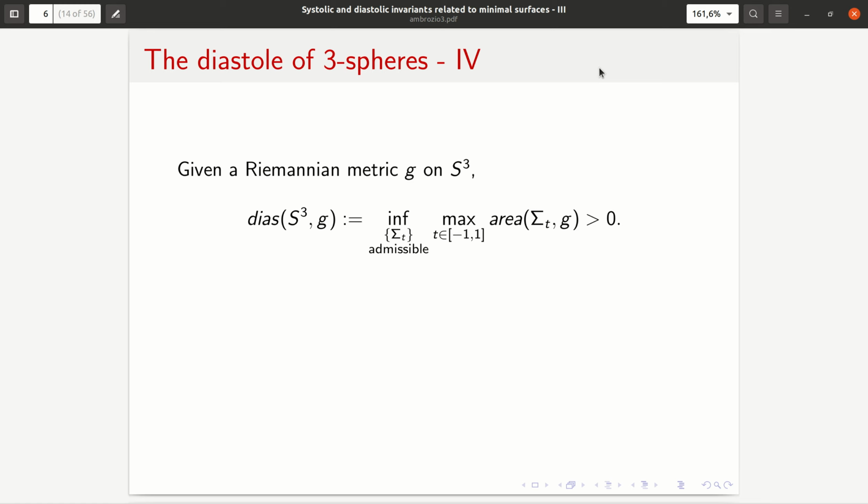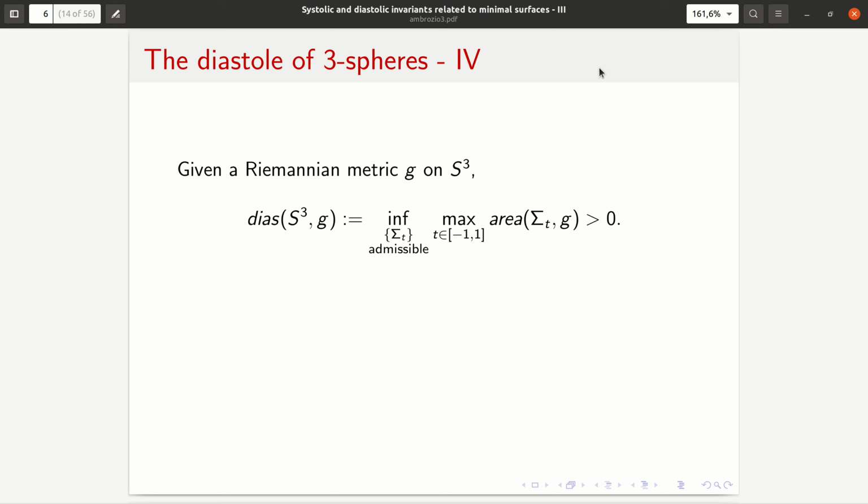And so we can apply this fact here to conclude that this maximum area for all families will be at least as big as this isoperimetric number, because all families will have some surface that divides S3 into two pieces of the same volume. Very good.